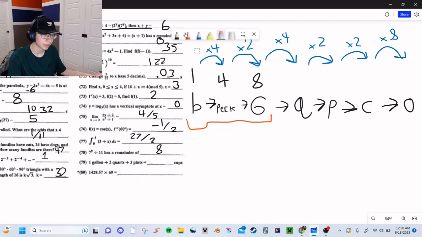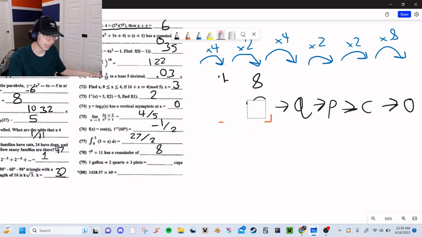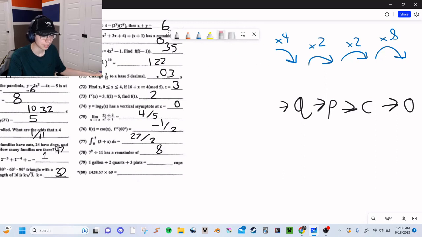So you could just remember this like 4, 2, 4, 2, 2, 8. It's like multiply by 4, then multiply by 2. You know what I mean. Sometimes they'll ask about bushels and pecks in these questions.